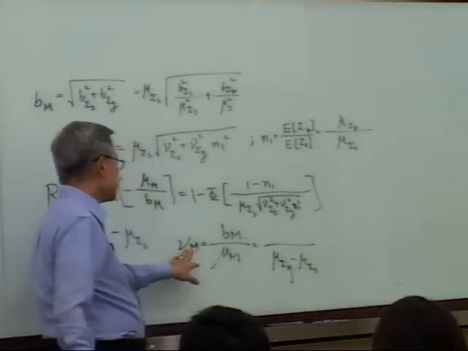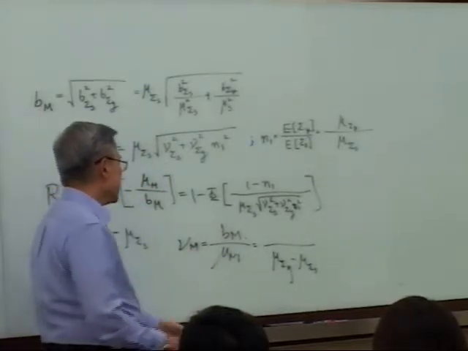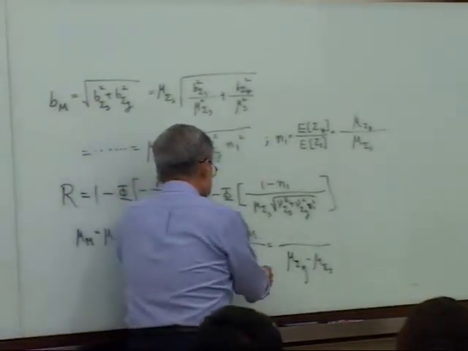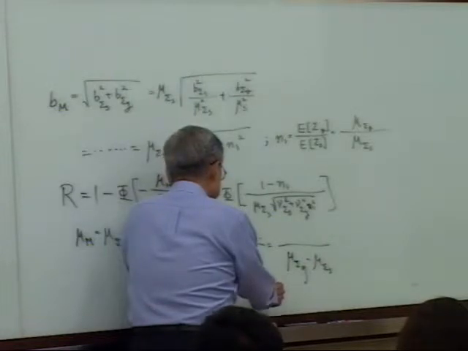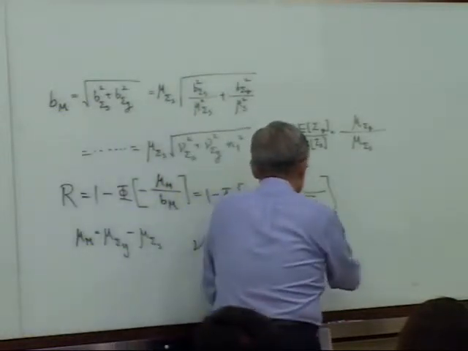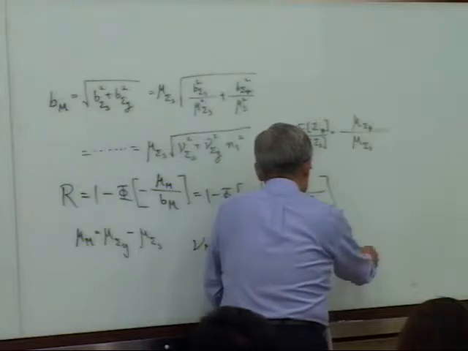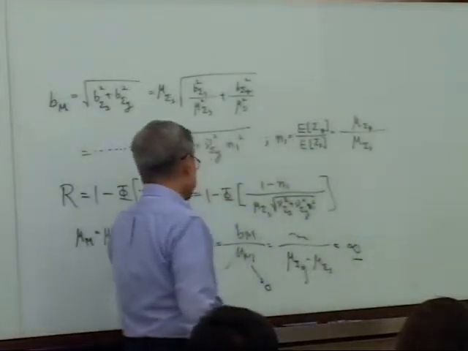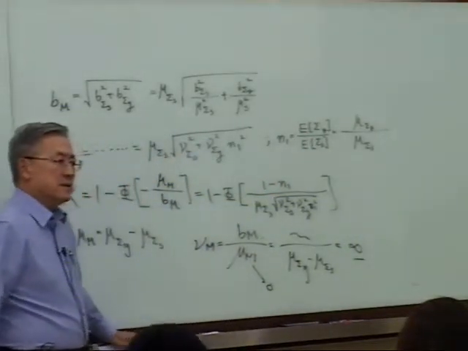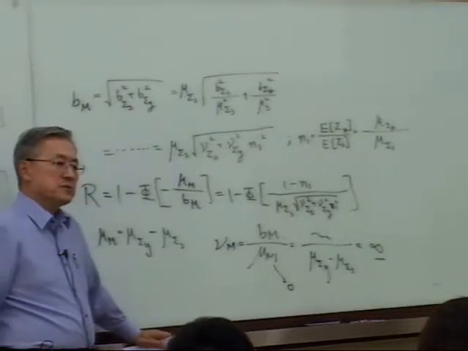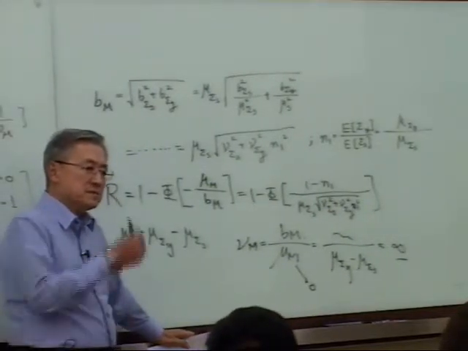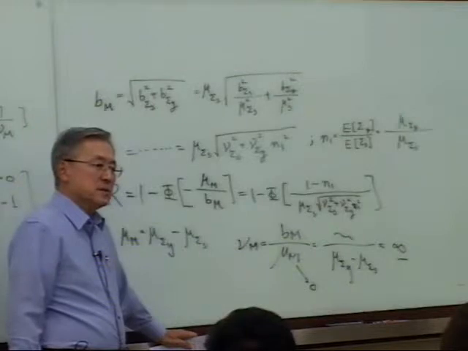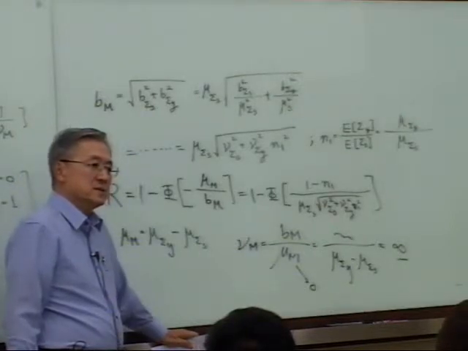As far as the definition of the mean of the safety margin, mu m, is concerned, when this approaches 0, then this is going to be infinity. The coefficient of variation for the safety margin is infinity.